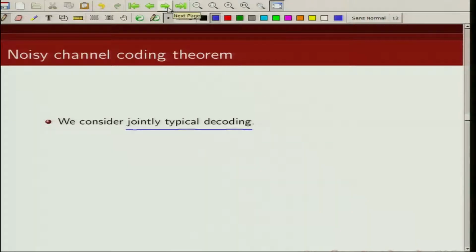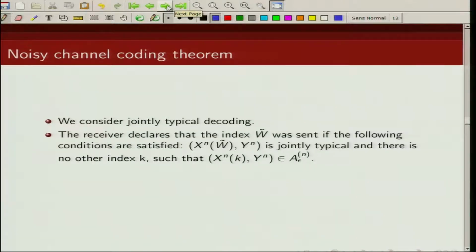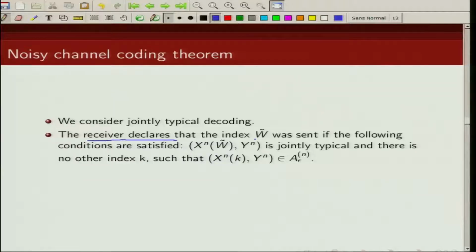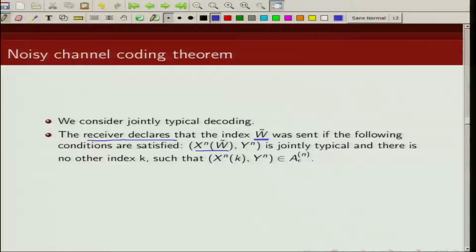So how does typical set decoding work? It works as follows. The receiver declares that an index W tilde was sent if the following conditions are met. And what are those conditions? If x^n(W tilde) and y^n, which is the received sequence, are jointly typical, and there is no other index k such that x^n(k) and the received sequence y^n are jointly typical.